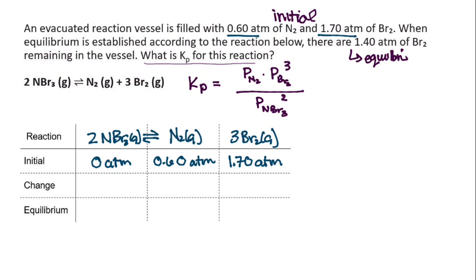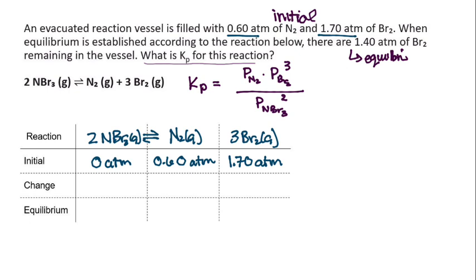To fill in my change row, I'm going to set the total change in the reaction equal to x. Because this reaction goes to equilibrium and not to completion, I can't use a limiting reactant to figure out how much I make. Instead, that's an unknown quantity. I also have to figure out which direction the reaction goes to get to equilibrium.